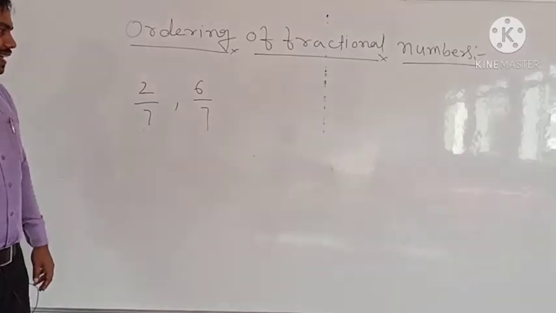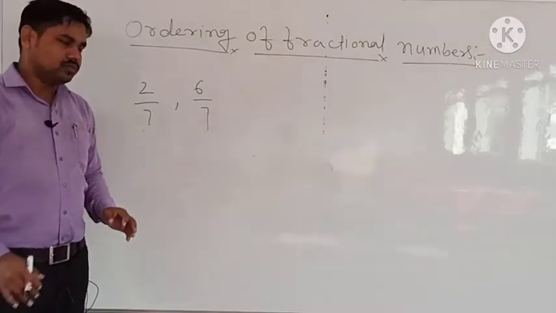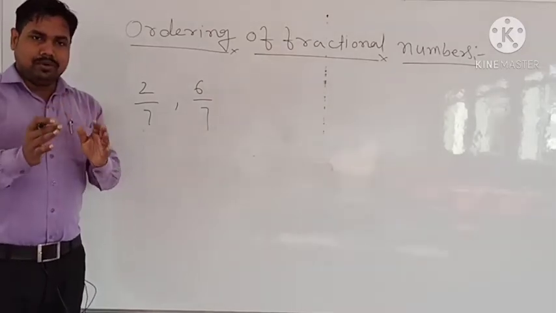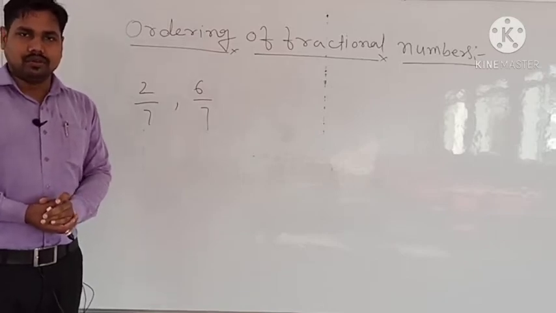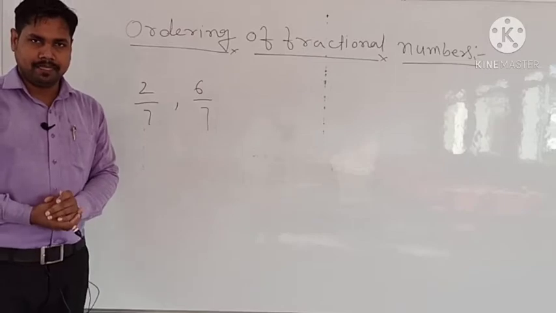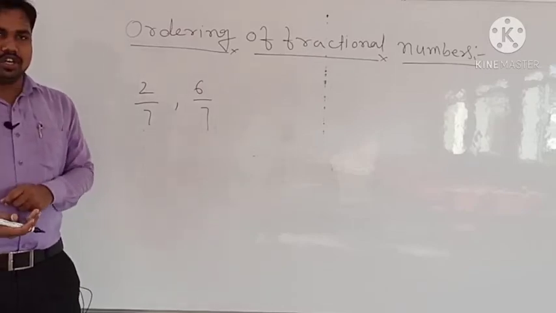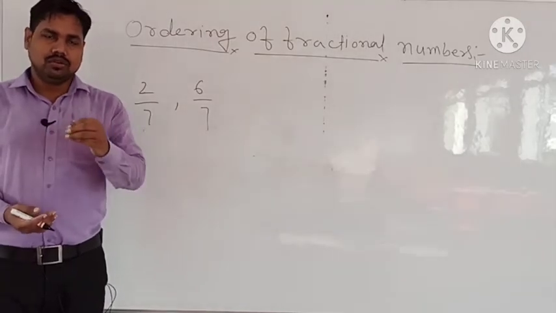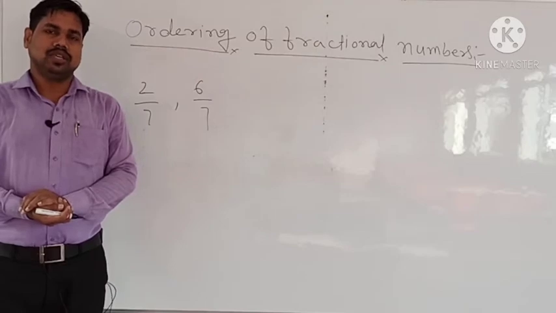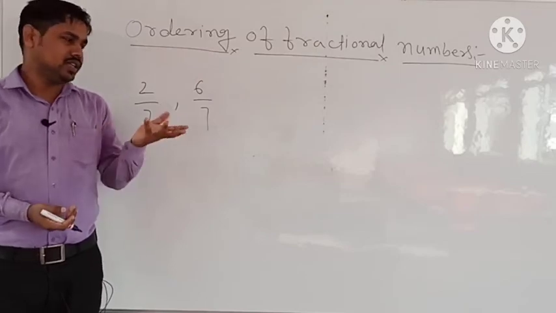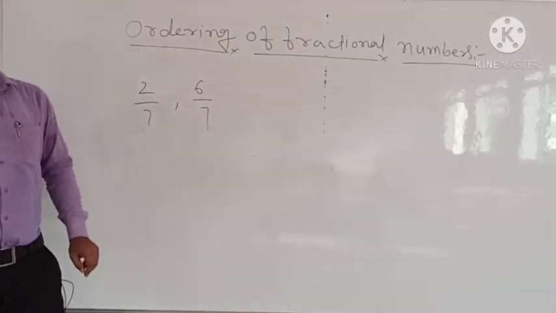In that case, I can give the example: suppose I have a total of 7 chocolates and I am giving you 2 out of 7. And again, if I have 7 chocolates, I am giving you 6 out of 7 chocolates. So which will be more? Yes, definitely 6 will be more. So that means 6/7 is greater.